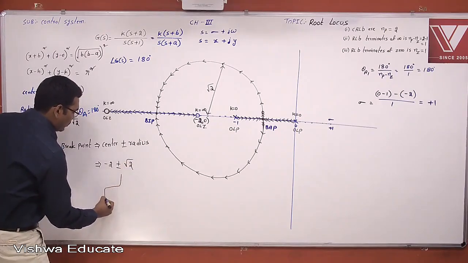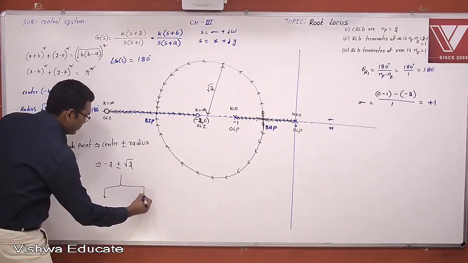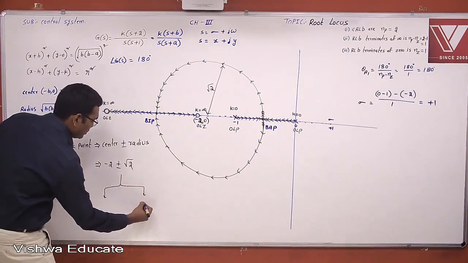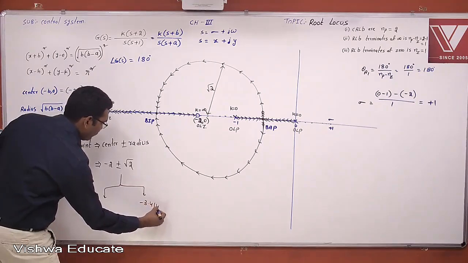So if you simplify this, one is minus 2 minus 1.414, which is minus 3.414, right?